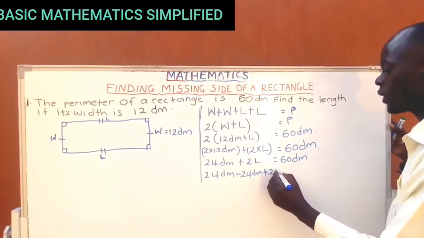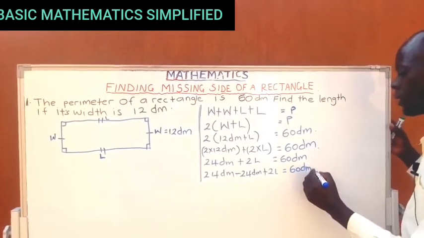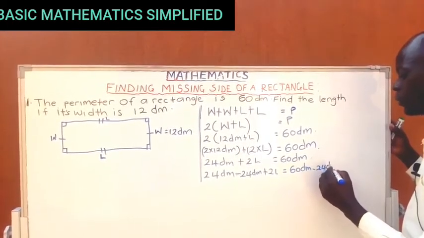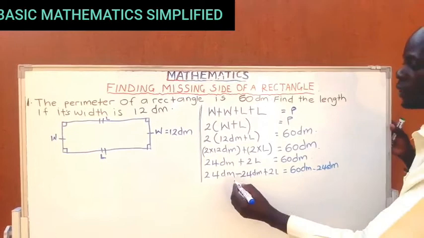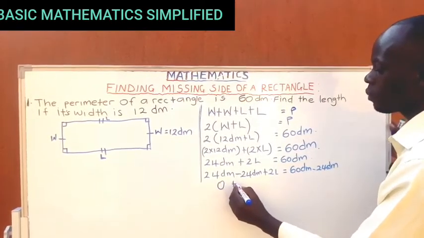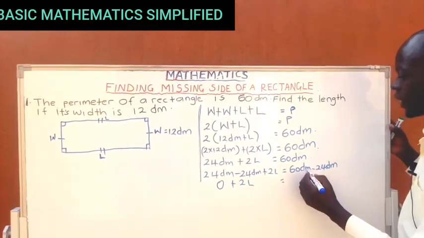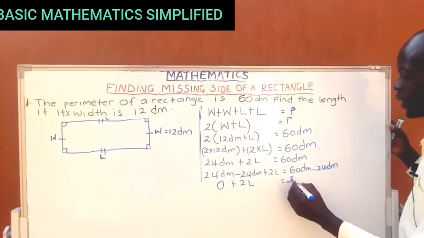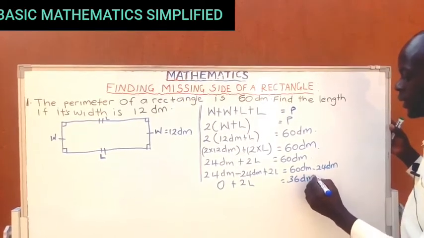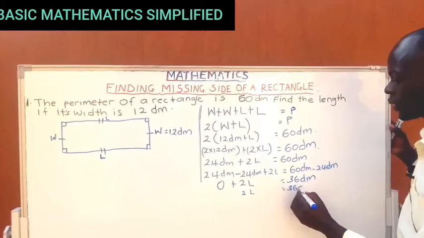You keep the 2 lengths there, equals 60 decimeters minus 24 decimeters. So 24 decimeters minus 24 decimeters is 0, plus 2L equals, what is 60 decimeters minus 24 decimeters? It will give us 36 decimeters. So we now have 2 length equals 36 decimeters.